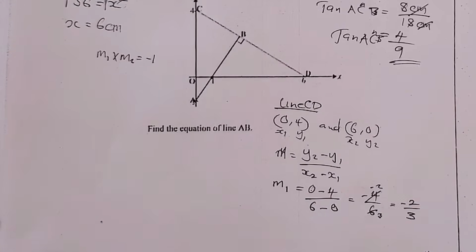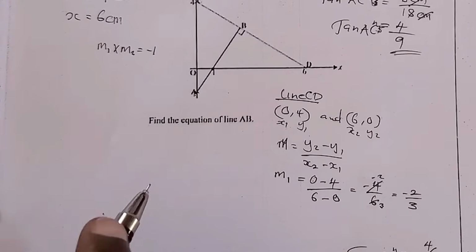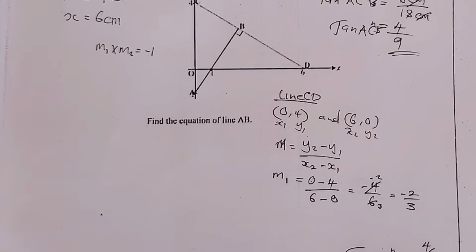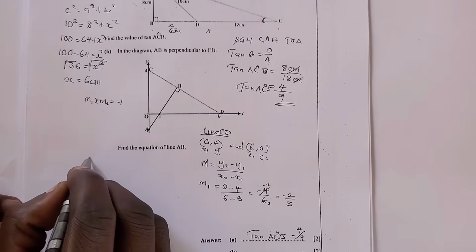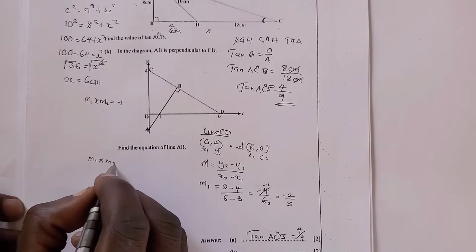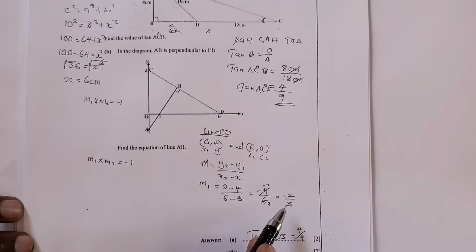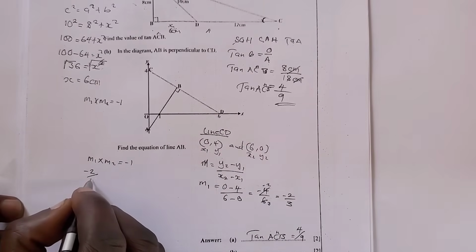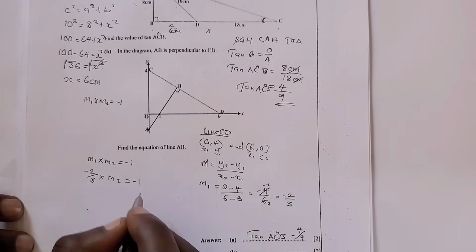Now we need to find the gradient for AB, so that we use it to find the equation. So we have M1 times M2 is equal to negative 1. Where there is M1, we substitute negative 2 over 3 multiplied by M2 is equal to negative 1.